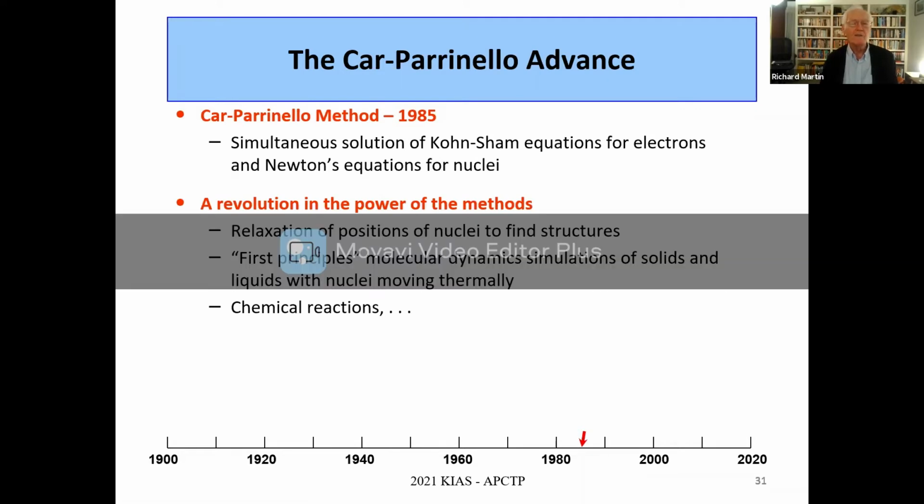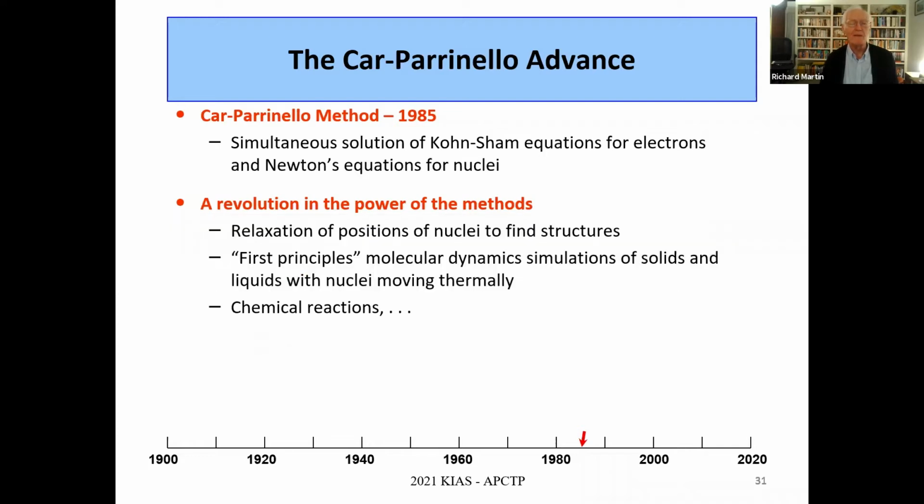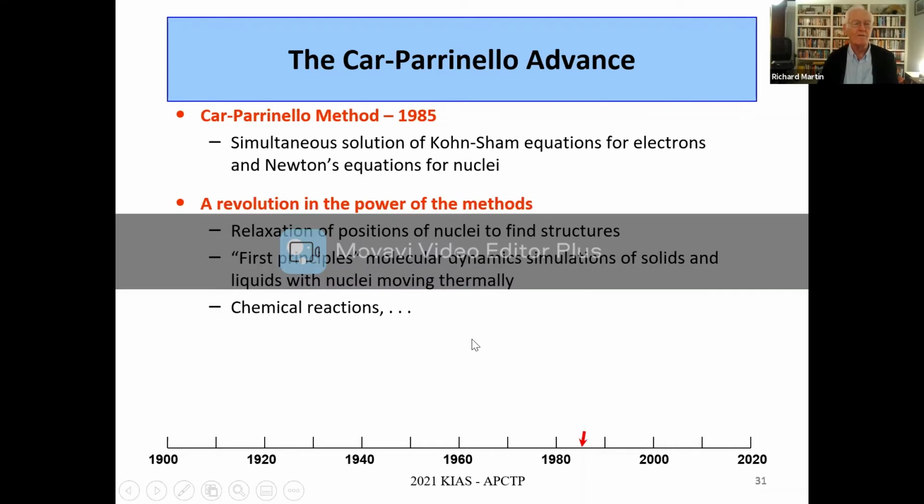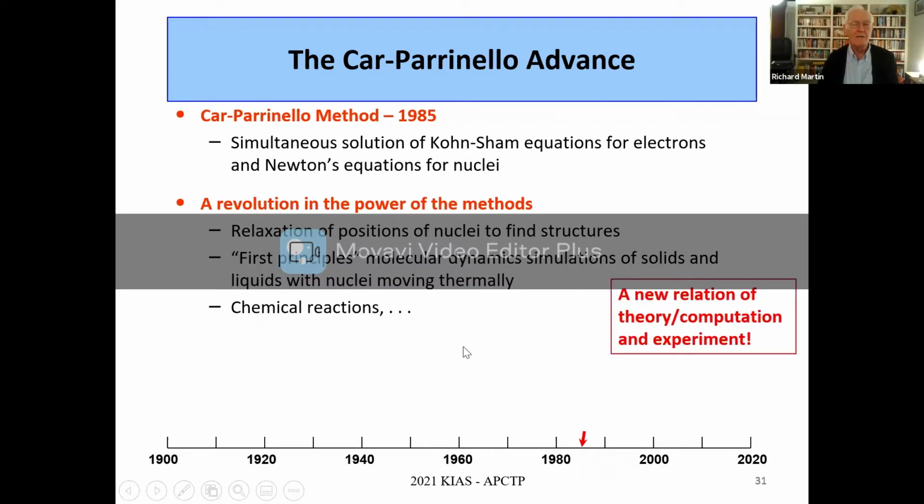By solving the problems at once, you can relax the systems and find structures. You could do first principles molecular dynamics, calculating the electrons as the nuclei move thermally. You can look at chemical reactions as the nuclei move to form bonds, and really a new relation of theory and experiment.